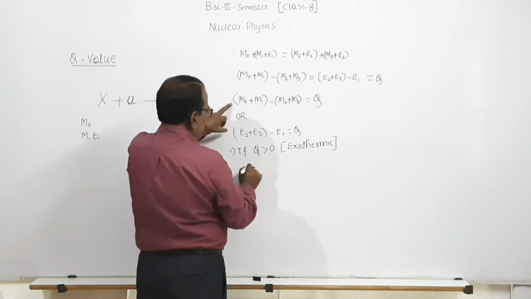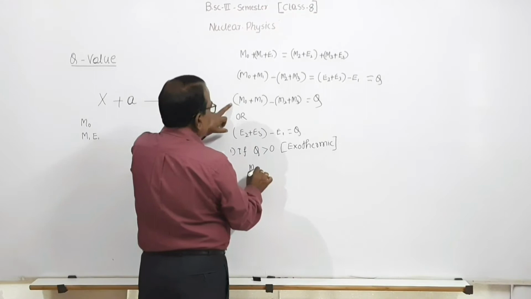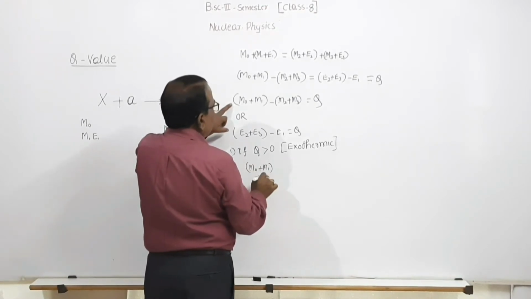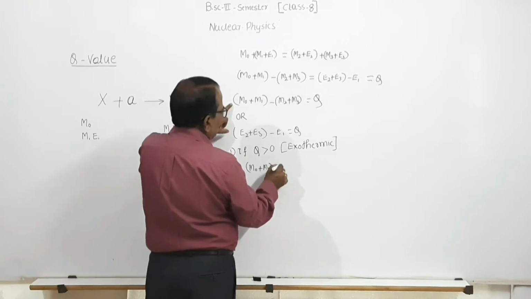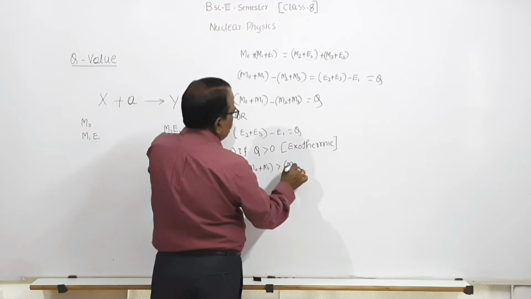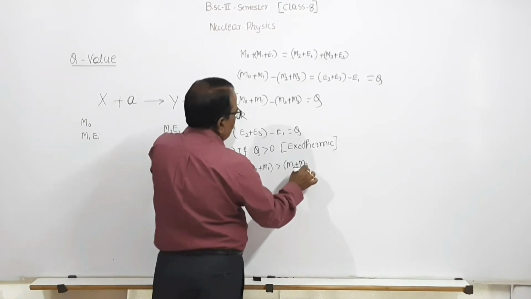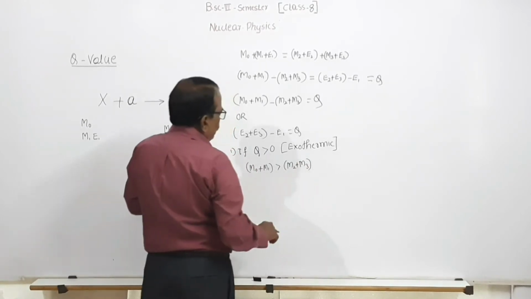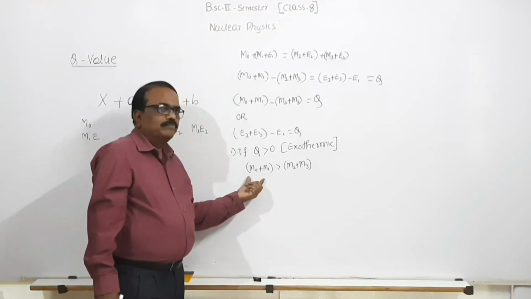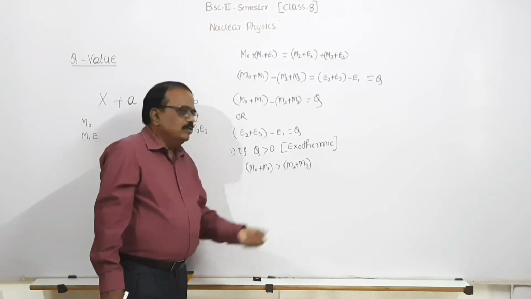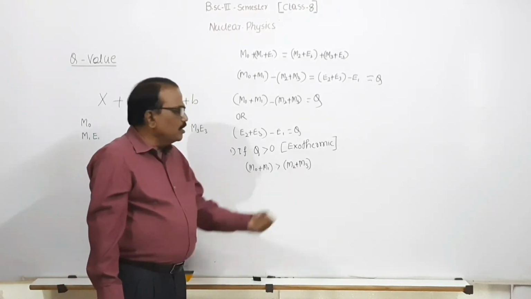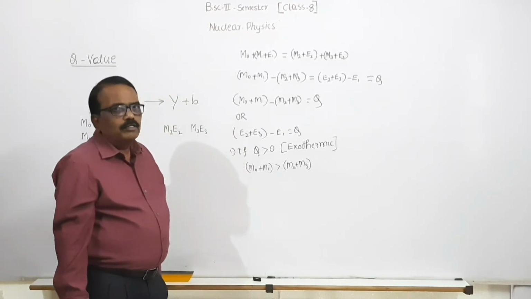Here m0 plus m1 is greater than m2 plus m3, meaning the sum of the masses of the reactants is greater than the sum of the masses of the products.